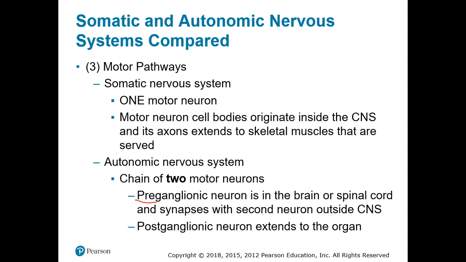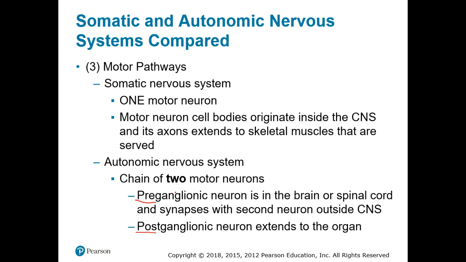Our preganglionic neuron, pre means before, is the one that's going to be in the brain or spinal cord. It then comes out of your brain or spinal cord and synapses or connects to a second neuron called the postganglionic neuron. Post meaning like after. This is the one that's going to extend to whatever organ you're trying to stimulate.